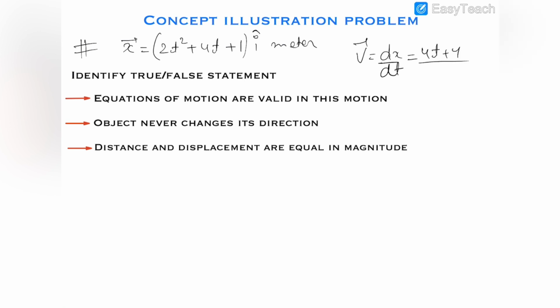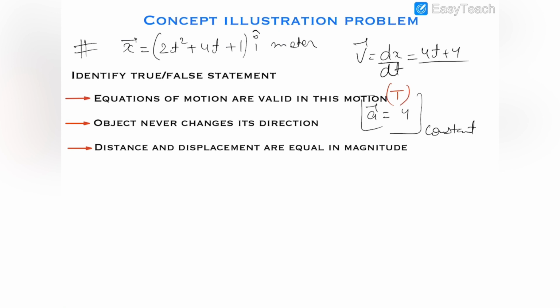The highest power of time in the xt equation is 2, and the highest power of time in the vt equation is 1. If we find the acceleration, it would be 4, so the highest power of time in the at equation is 0. So acceleration is constant, and when acceleration is constant, then equations of motion are valid. So the first statement is true.